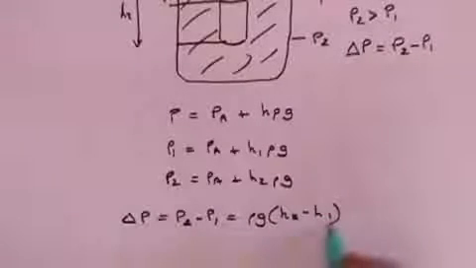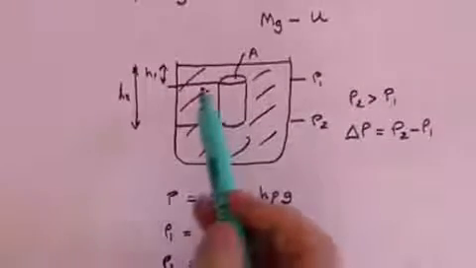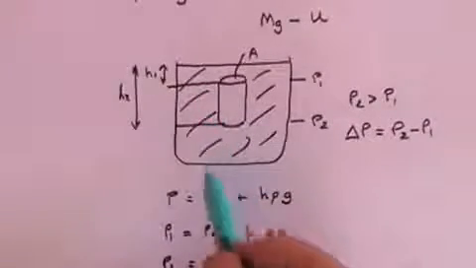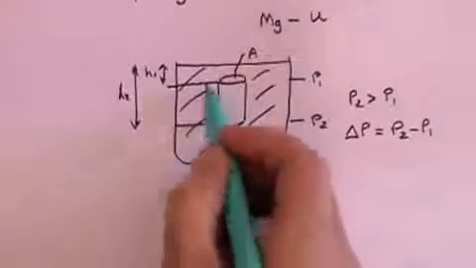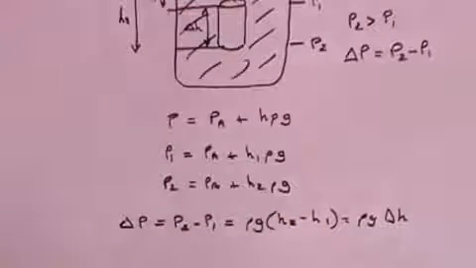And we're going to call that the difference in height, which is this distance here. We're going to call that delta H. So this is rho G delta H.